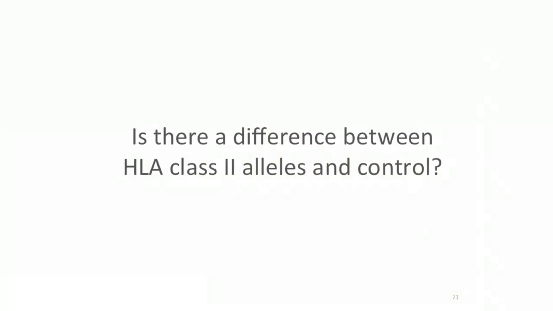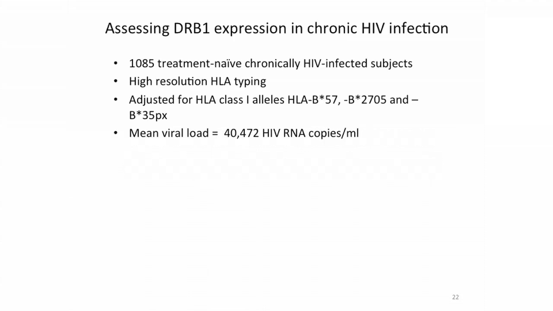So our question was whether there's a pure genetic difference of HLA class II alleles and HIV control. So we turned to a completely different cohort of over 1,000 patients that were treatment naive, chronically infected, where we had high resolution HLA typing.